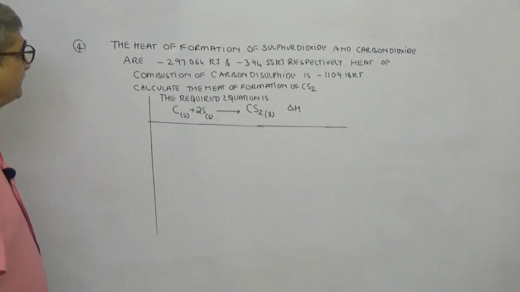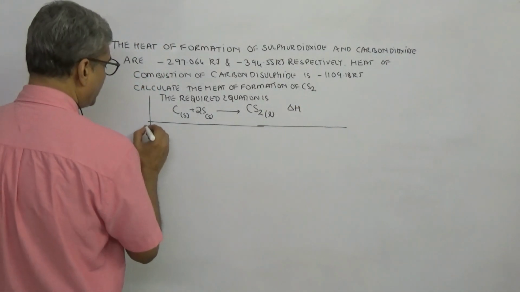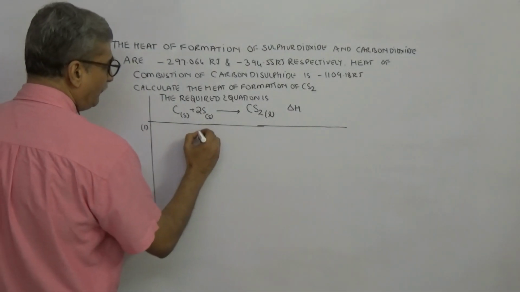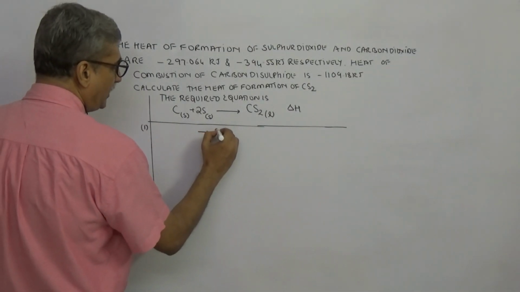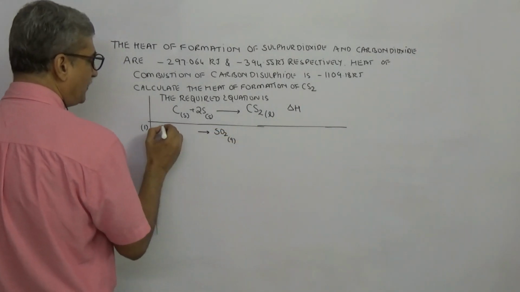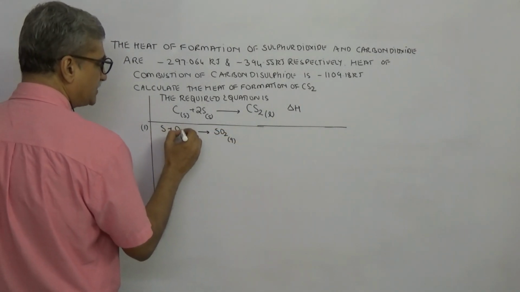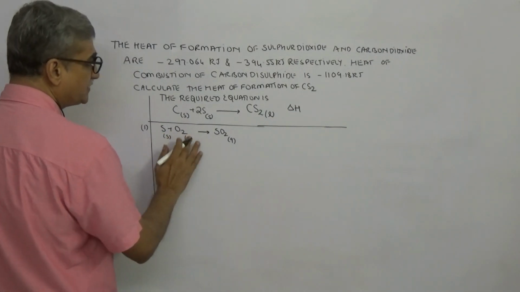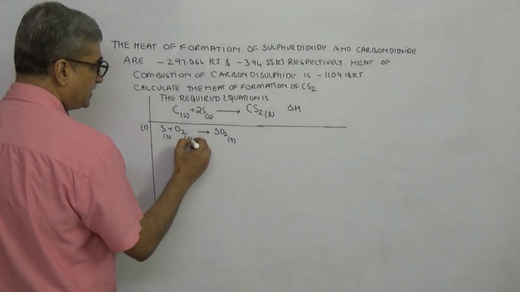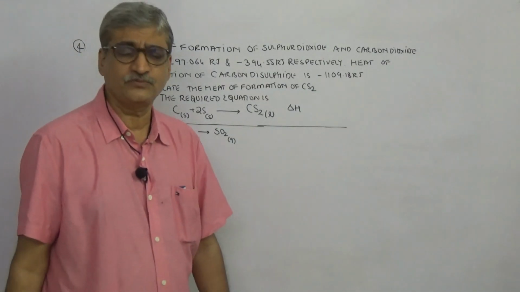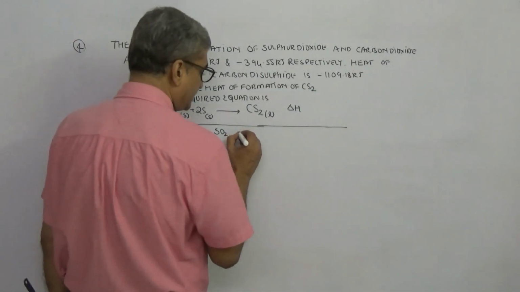What is the data given? The heat of formation of sulfur dioxide. So first equation, what do we have? Heat of formation means 1 mole of sulfur dioxide gas is formed from the elements in the standard state, S plus O2. So understanding the definition is very, very important. That's why I'm mentioning the definition again. You are given heat of formation, it means 1 mole is formed from the elements in the standard state.